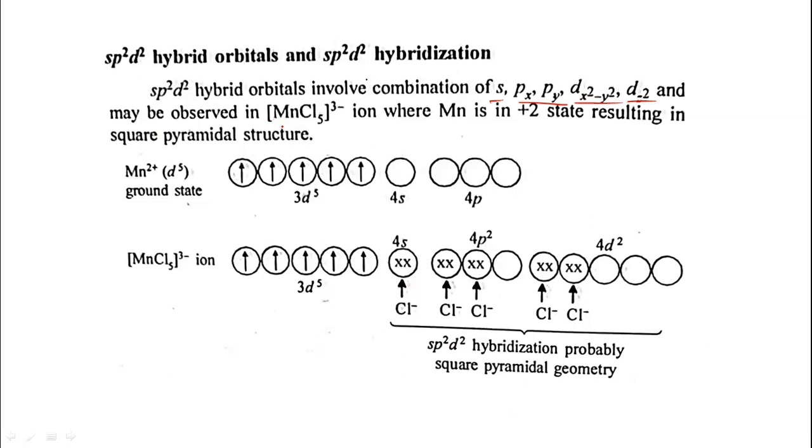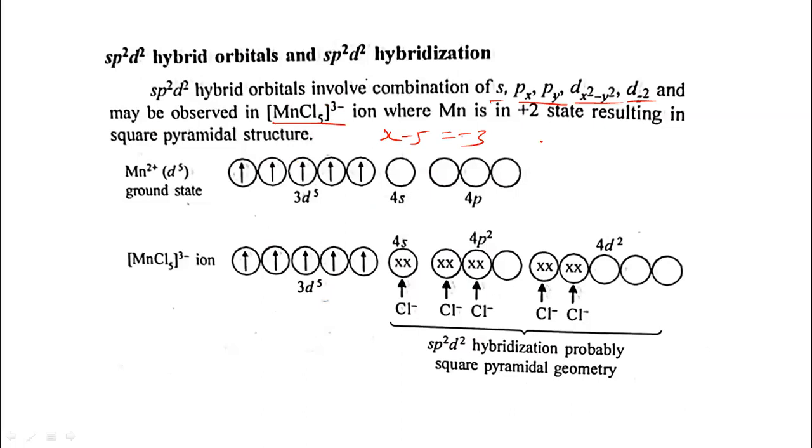And the example is [MnCl5]3-, where Mn is in the +2 oxidation state: x minus 5 equals -3, as one chlorine carries 1 negative charge, so 5 chlorine atoms carry -5 charges.